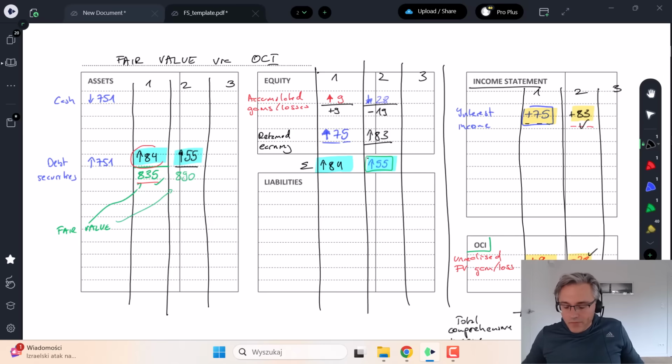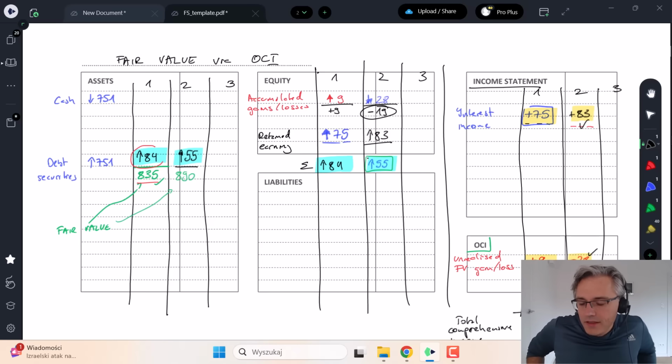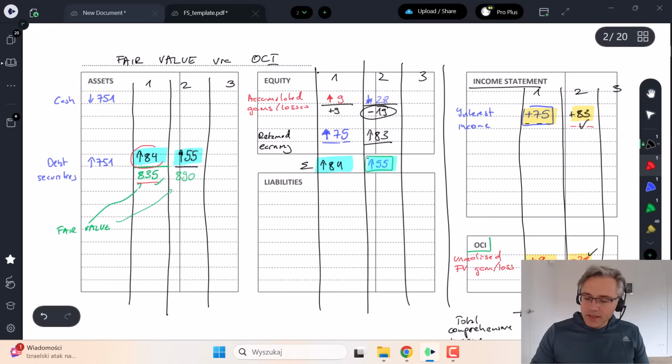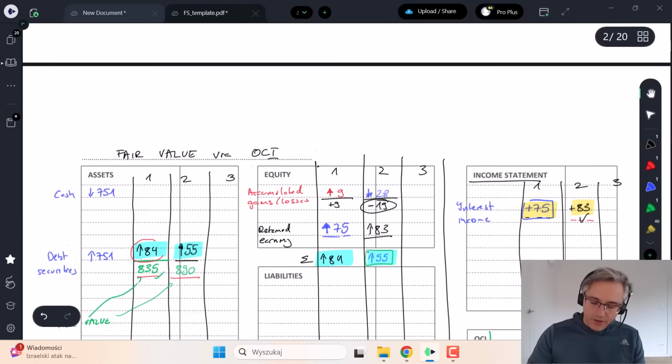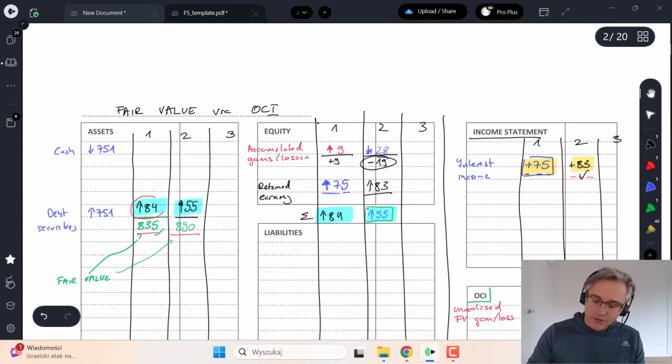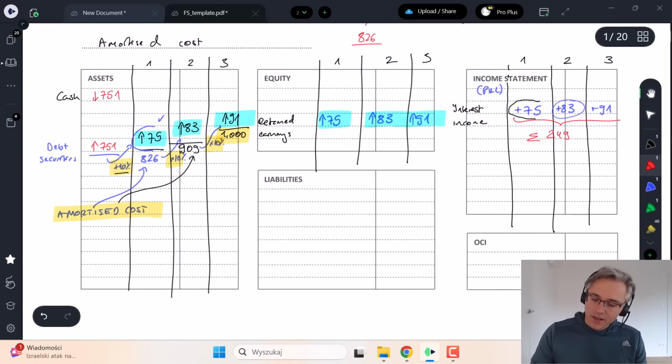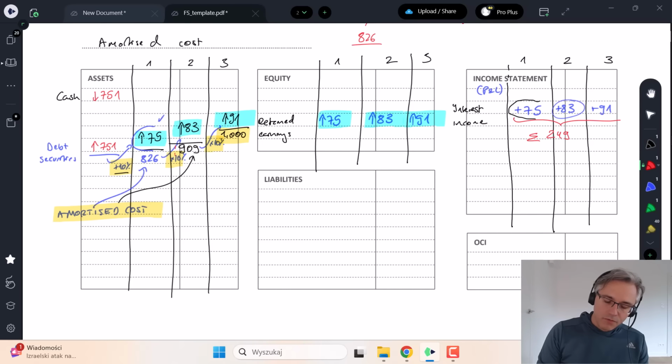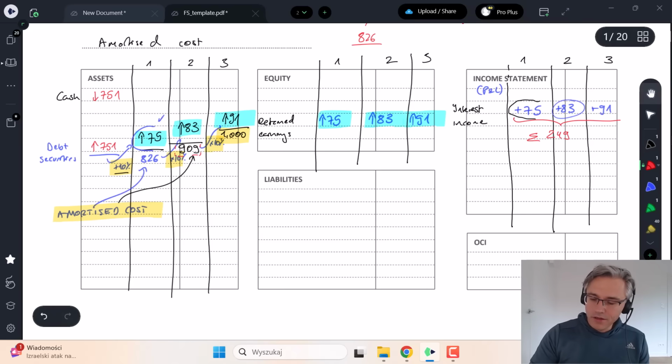And you see, what this minus 19 represents is the difference between the fair value of the asset at a specific point in time, the fact that it's only trading at 890, whereas if it kept going up according to the constant price yield trajectory, it should already be at a value of 909.